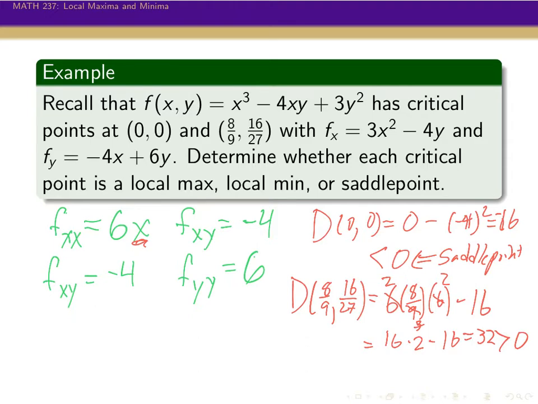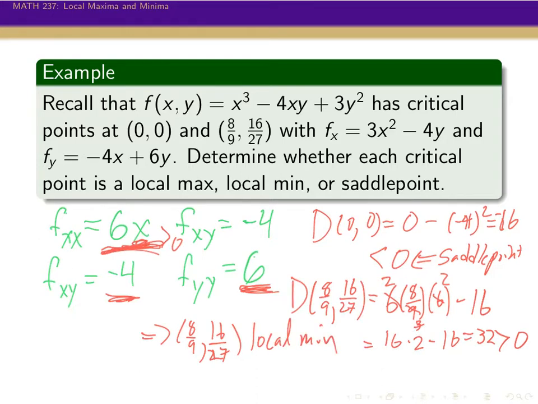And my partial in terms of x is positive at this point. And so at (8/9, 16/27), both f_xx and f_yy are positive there. And so this is a local min.